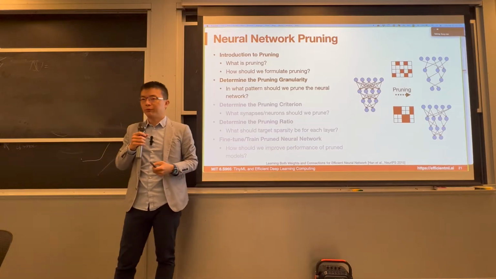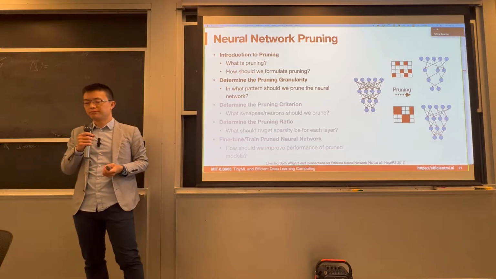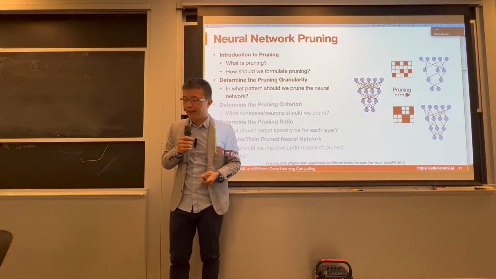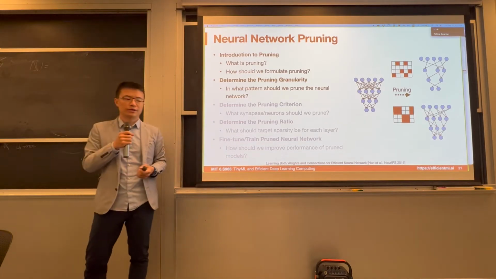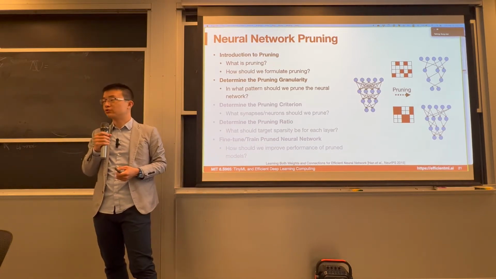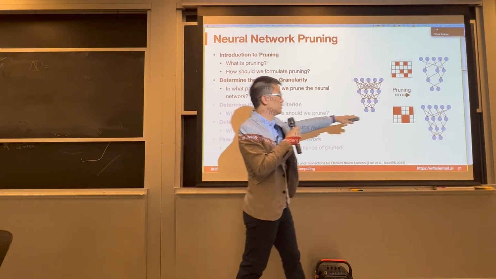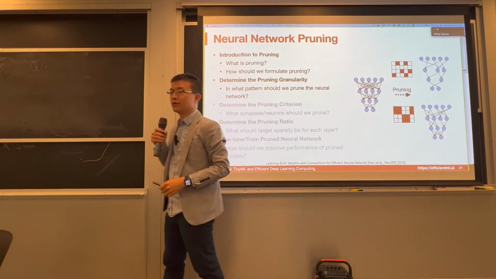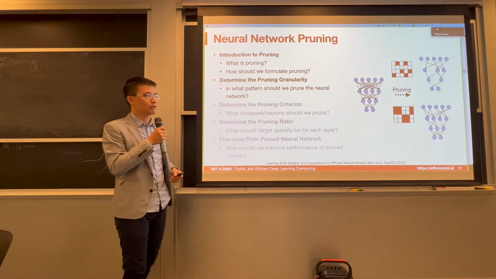So we can prune at different granularities. If you have some basic knowledge about parallel hardware design, modern GPUs or other accelerators with high parallelism usually require very regular computation. You want to compute a chunk of pixels rather than individual pixels, so that you can keep the GPU full rather than making it starving, making it hungry.